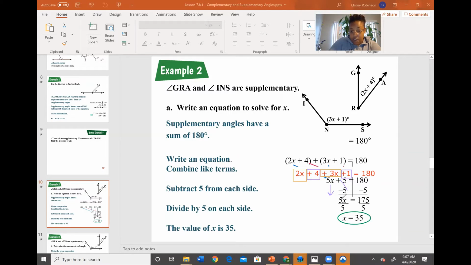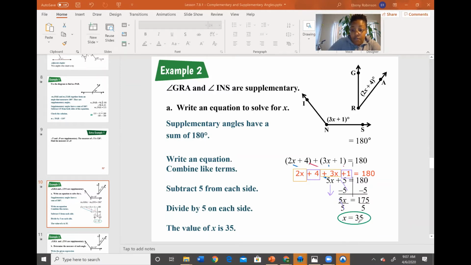Okay, so 5x equals 175. I need, this is multiplication. The opposite of multiplication is, hopefully you thought division. That would be even better. 5 divided by 5 is going to leave me with just the x. And 175 divided by 5 is 35. Okay.